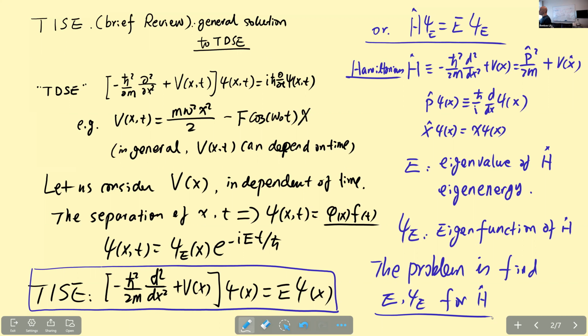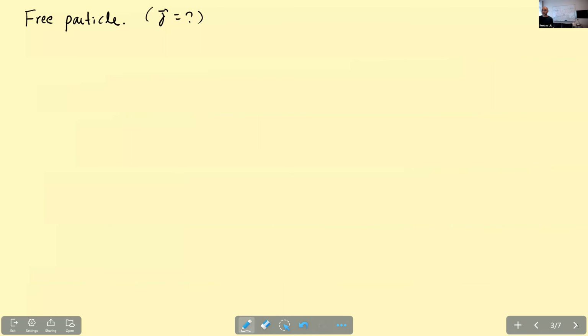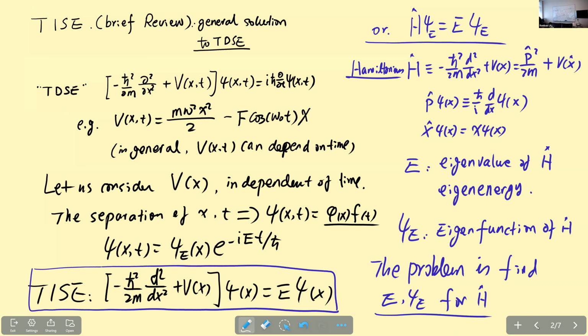Later, we will actually spend quite some time in this course on more and more examples. In general, you can have more than one solution.